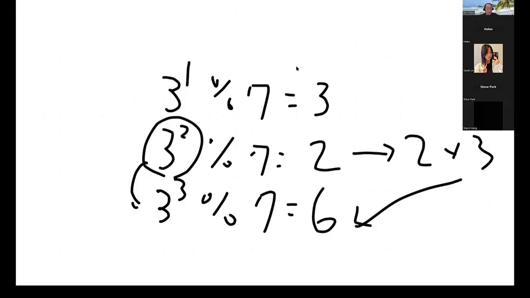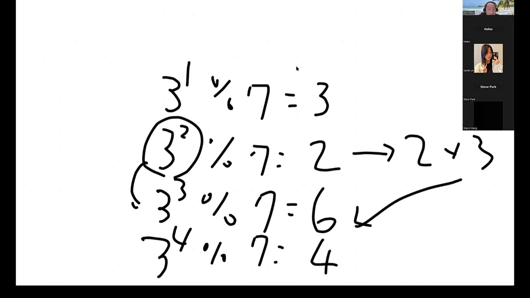Does that make sense? Yes. So 3 to the power 4 mod 7, what is it? 6 times 3, you get 18. 18 mod 7 is 4. Is that okay?